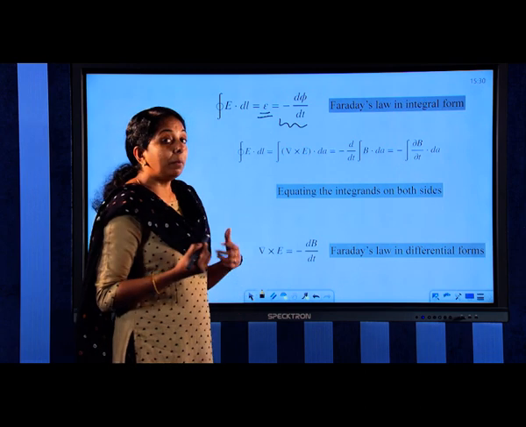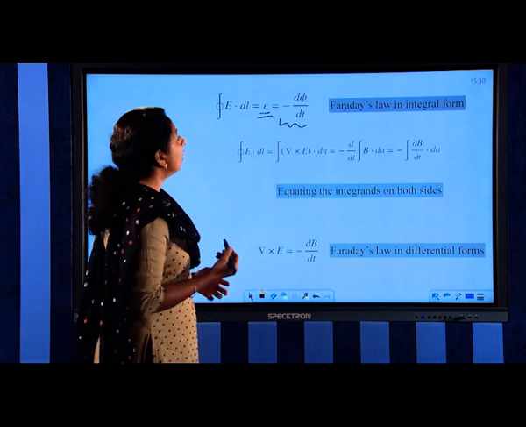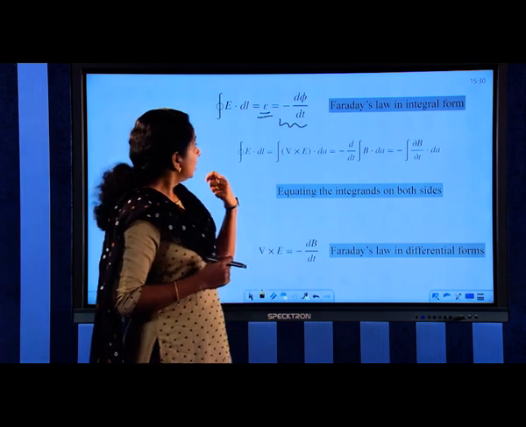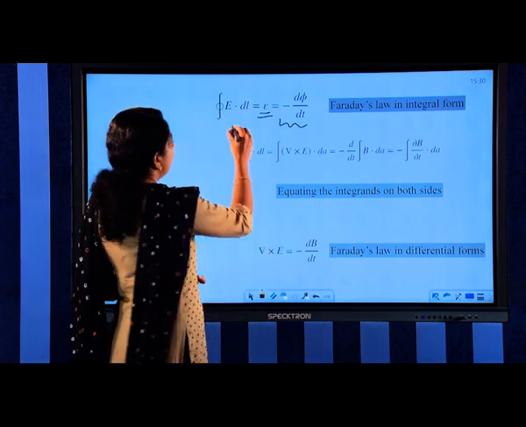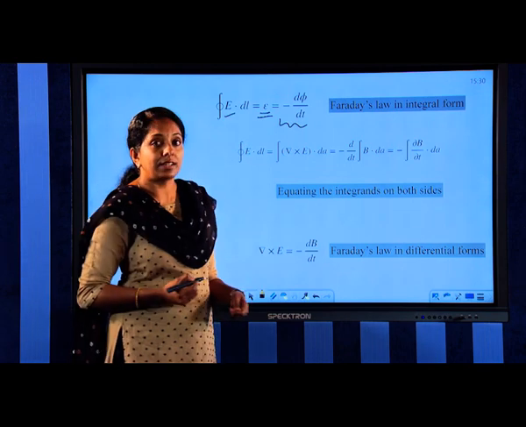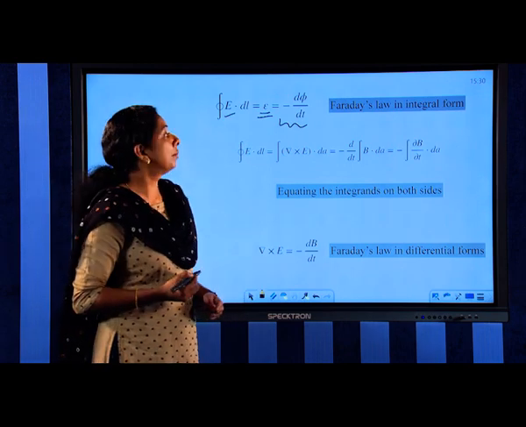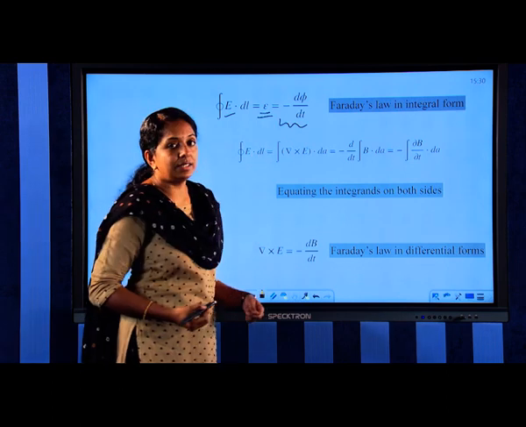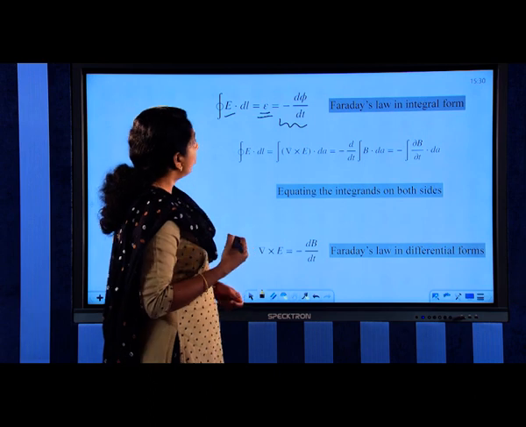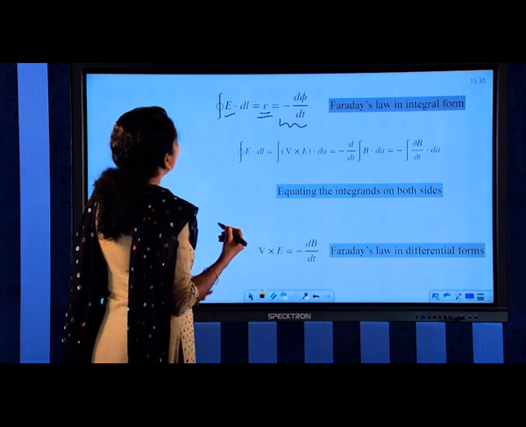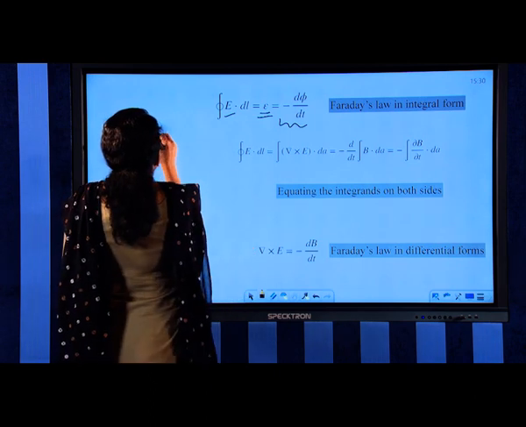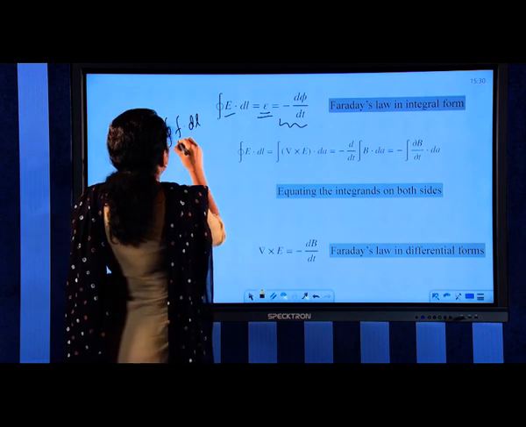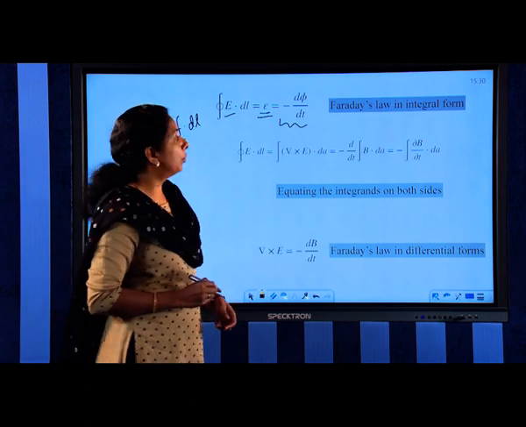And the most important thing is that here the driving force responsible to produce a current in the circuit is electric, and this electric field is associated with a change in magnetic field. So, here we have written this EMF, that is the line integral of force per unit charge integrated over a length. So, EMF is the integral over a closed loop of F dot dl, and here F is the force per unit charge.